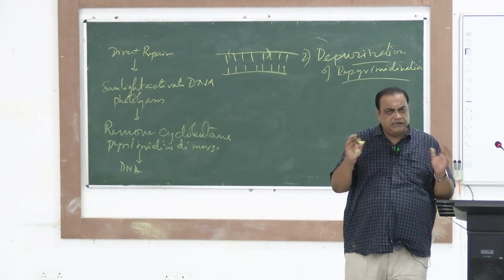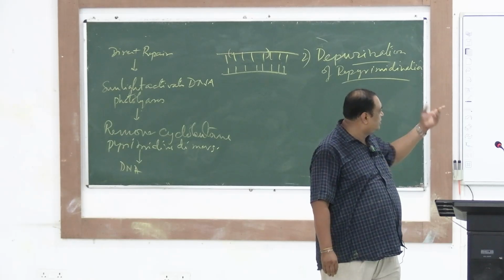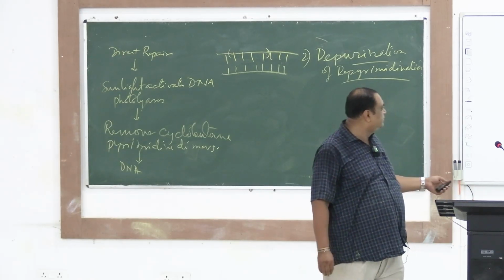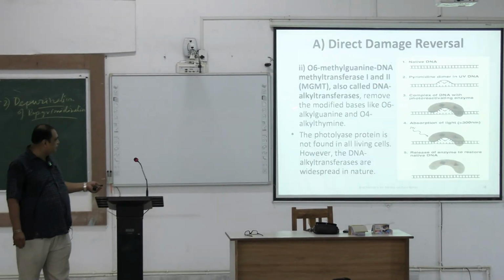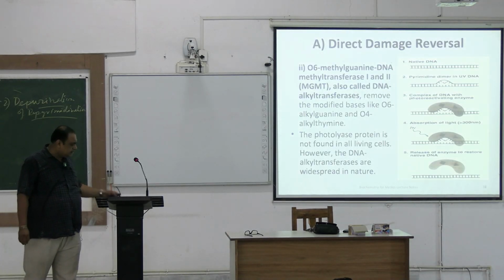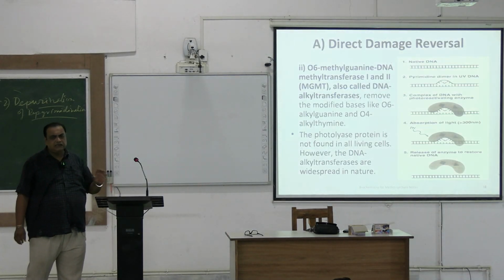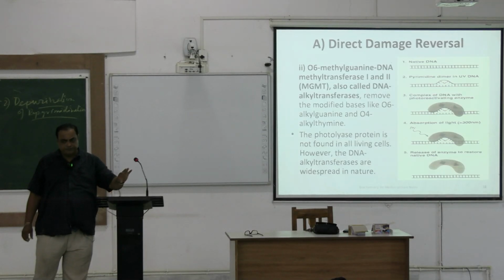There are many alkylating agents like MNNG. Okay, this one you can take: O6-methylguanine DNA methyltransferase 1 and 2, MGMT, also called DNA alkyltransferases. Remove this. Now, if there are certain alkylated purines, then using direct dealkylating agents we can remove the alkyl group.